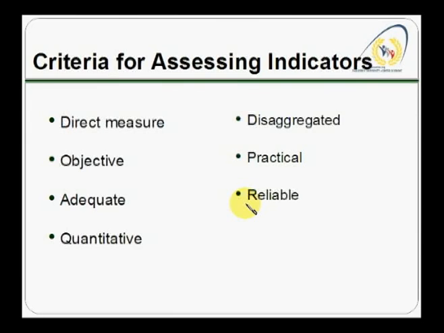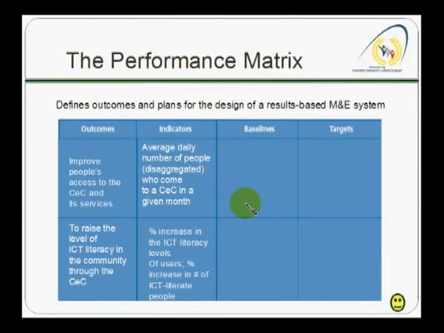So it has to be reliable because when you report your evaluation, people would need to trust the data you present. So you have to show that you're collecting your data in a reliable manner, right?